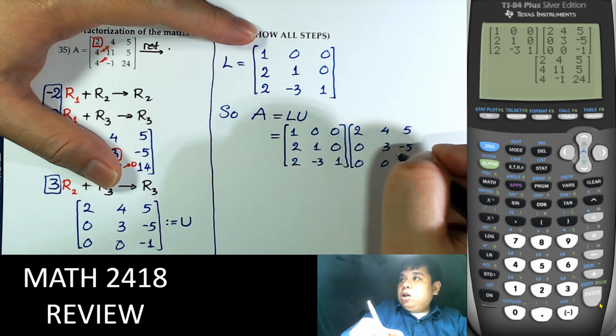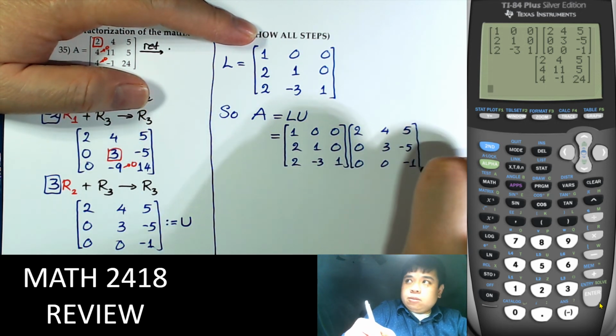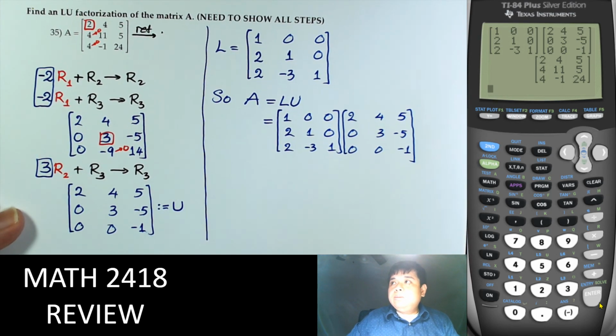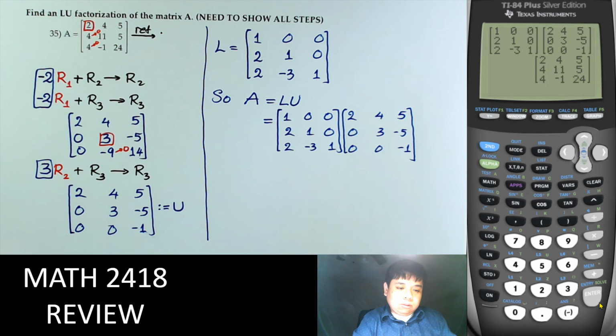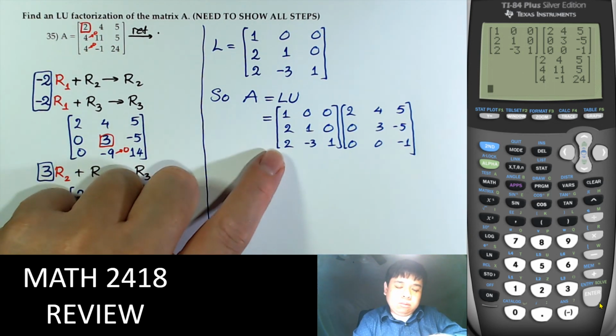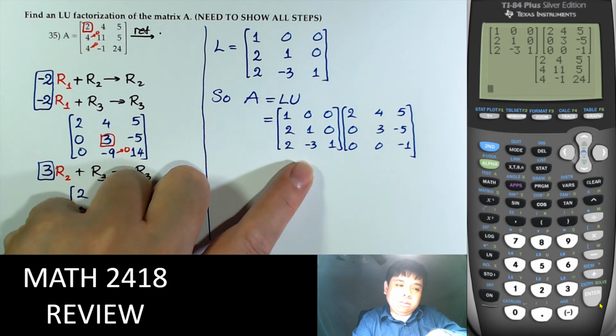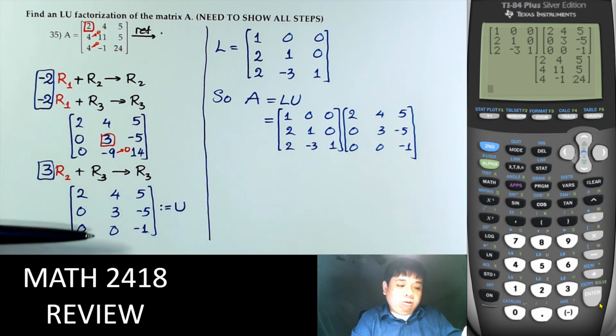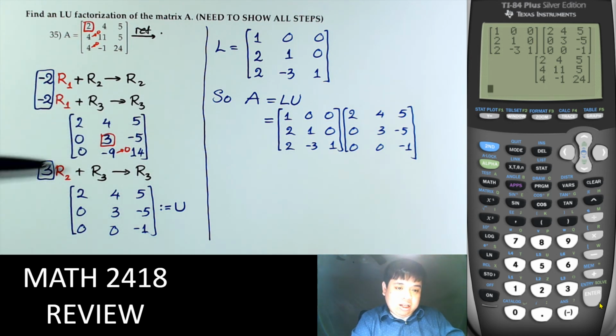Yeah, so we just go ahead and find the row echelon form, and in the process we find L as well.